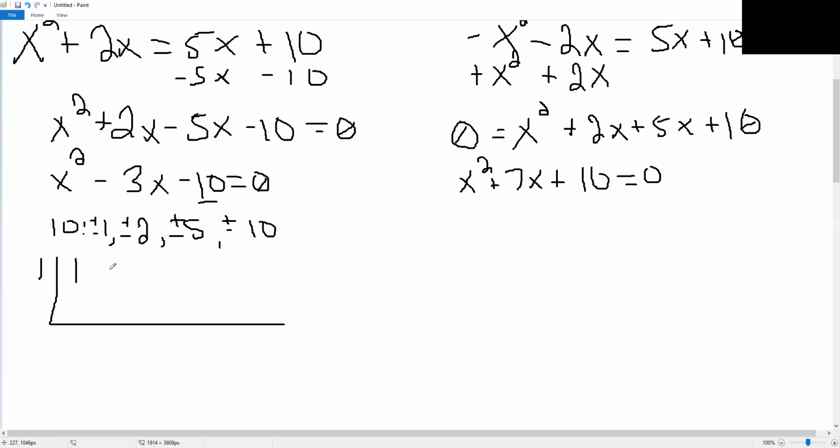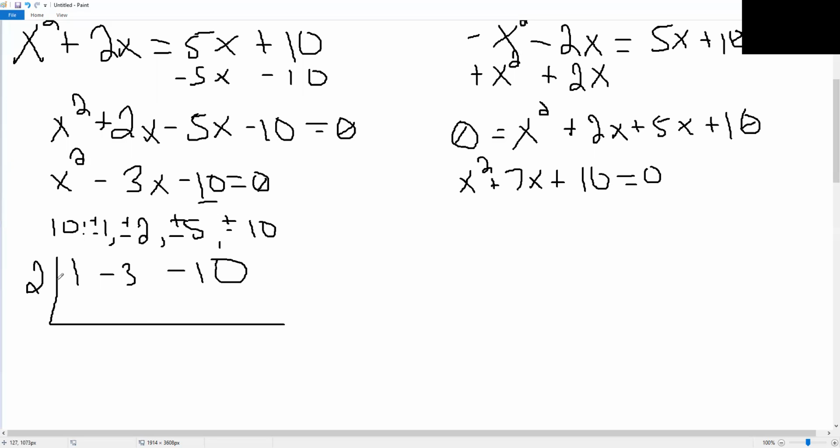And we have 1, -3, and -10. Drop our 1. 1 times 1 is 1. And this is going to be -2. And I can already tell you -2 times 1 is not -10. So that's not going to work. Let's try 2. 1, -3, -10. Now, you're saying, well, why didn't you use -1?